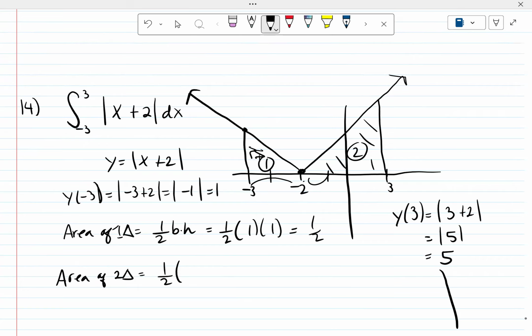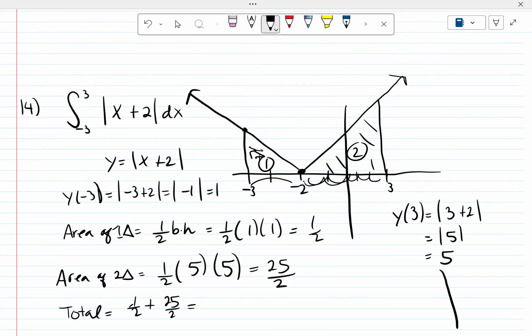So it's a total of 1, 2, 3, 4, 5. And then we said our height was also 5. So when you put it all together, we get 25/2. So the total area is 1/2 plus 25/2, which is 26/2, which is 13.